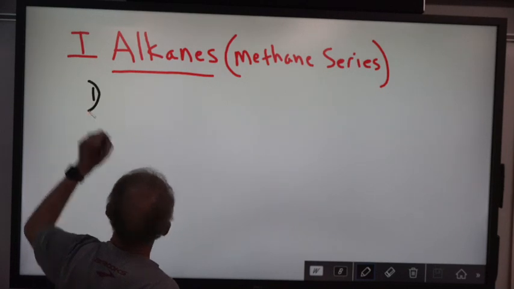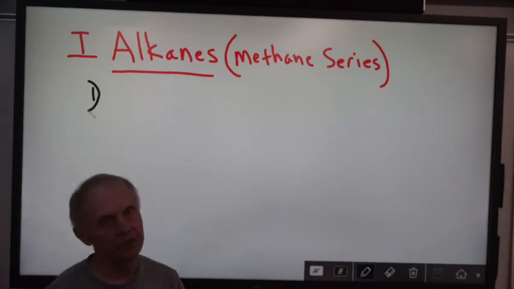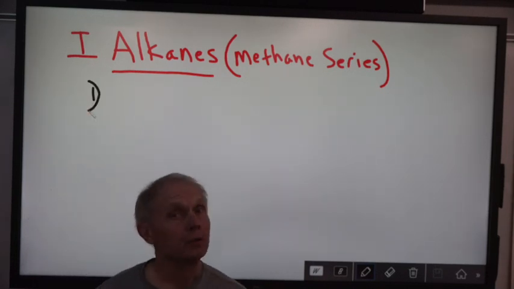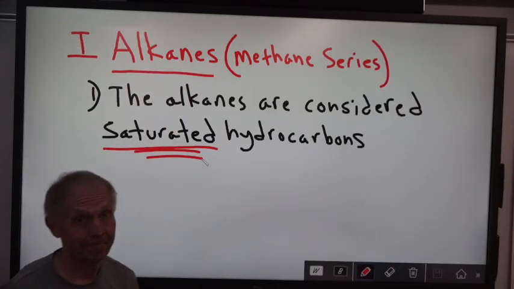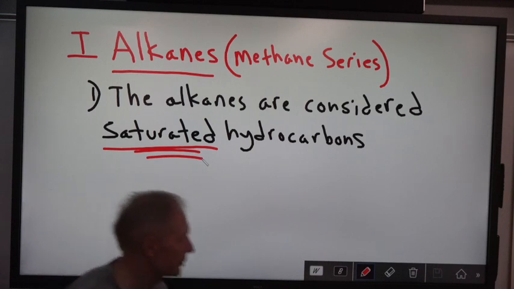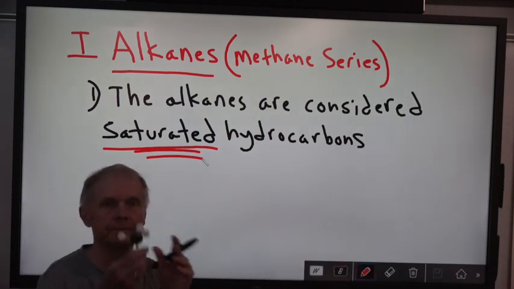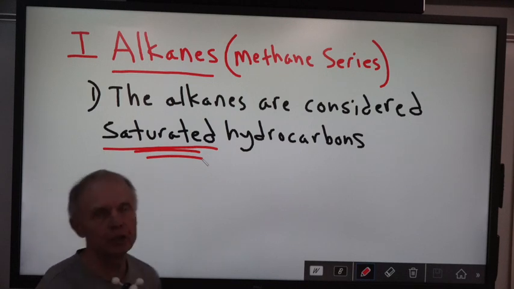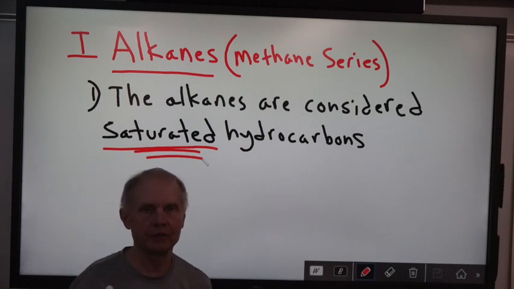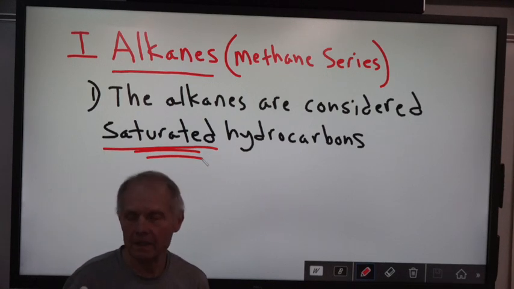Number 1. This is something brand new. You really have to understand number 1. Now, the alkanes, like this one, they are considered saturated hydrocarbons. Now, what does that mean?